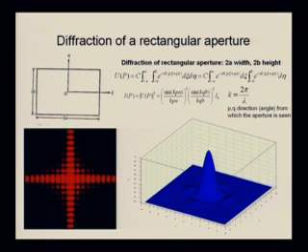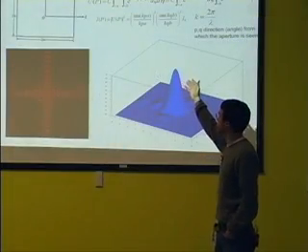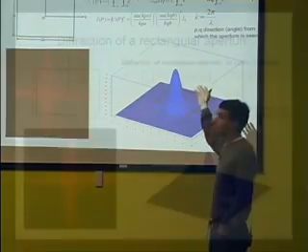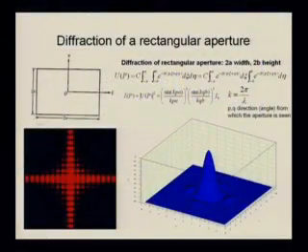If we're computing the amplitude U over this aperture, doing the integral over the surface, the intensity, which is proportional to the amplitude squared, is the product of the sinc functions, sin x over x.